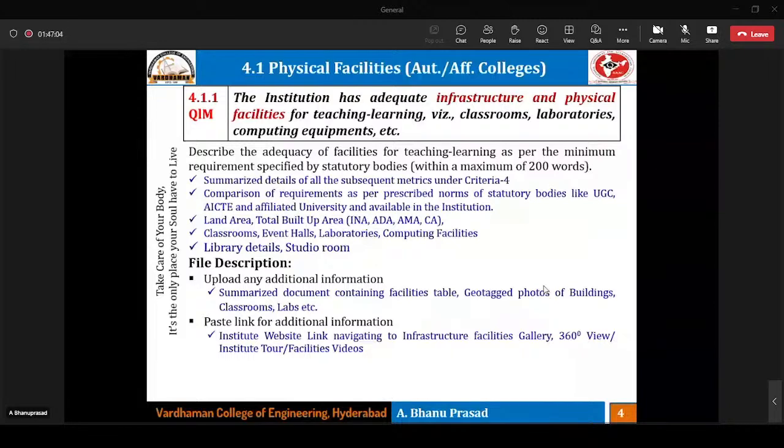Most of those undergoing inspections know the minimum requirement of the land and the total built-up area.